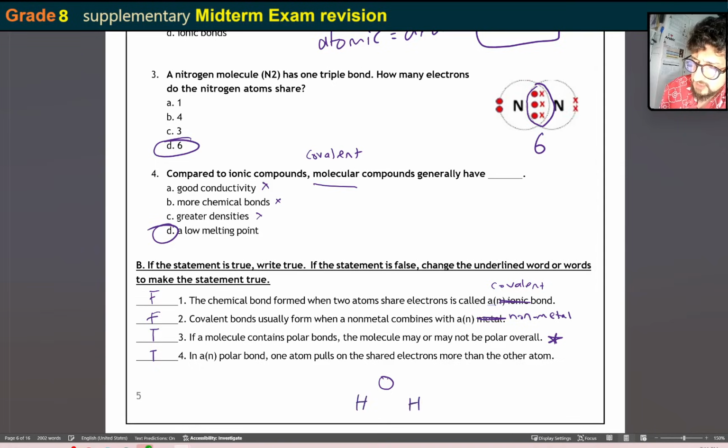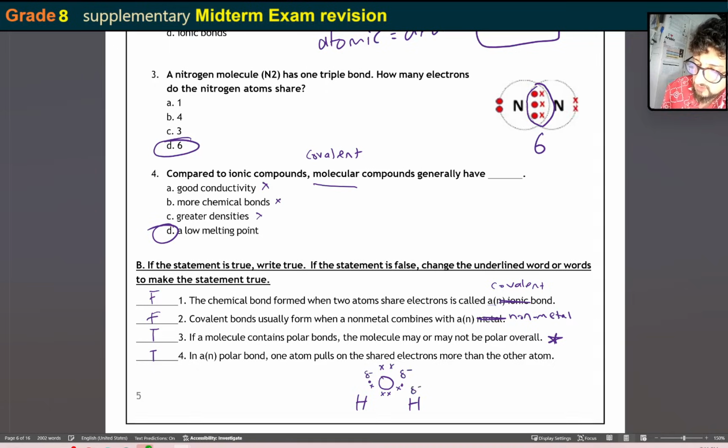And so let's say in water, oxygen has 6 valence electrons: 1, 2, 3, 4, 5, 6. Now, while hydrogen shares 1. So what tends to happen is that the oxygen has a slightly stronger pull, which makes it slightly more negative, because remember, it's pulling electrons and electrons are negative.